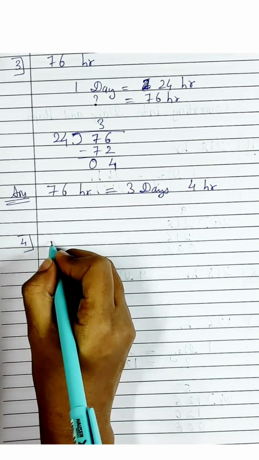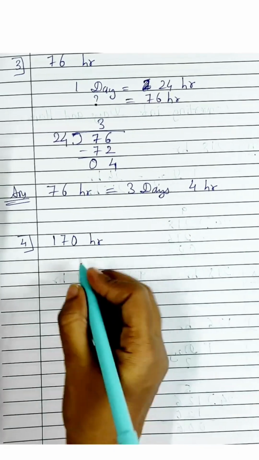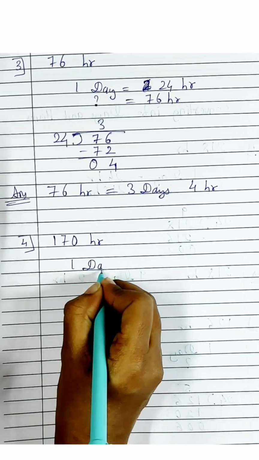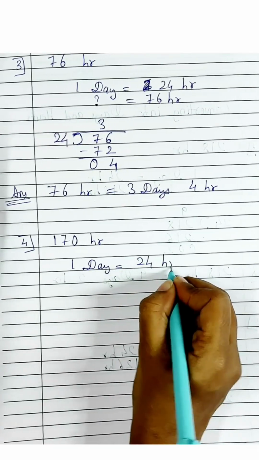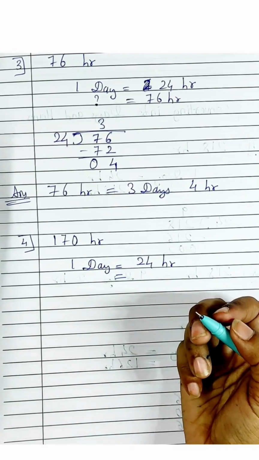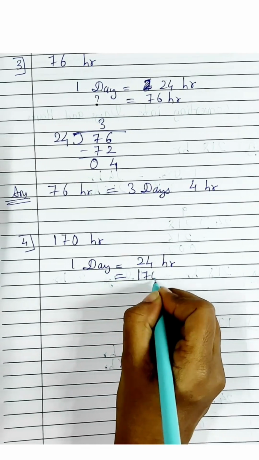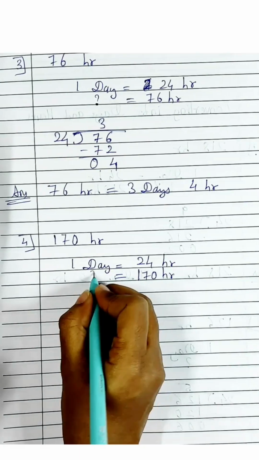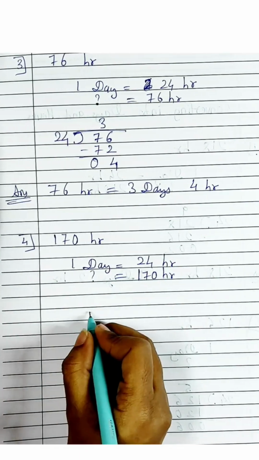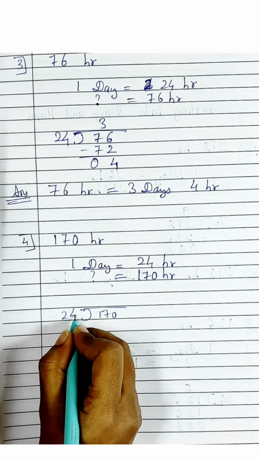Fourth example, 170 hours. Again, we know that in one day there are 24 hours. So in 170 hours, there are how many days? Divide 170 by 24.